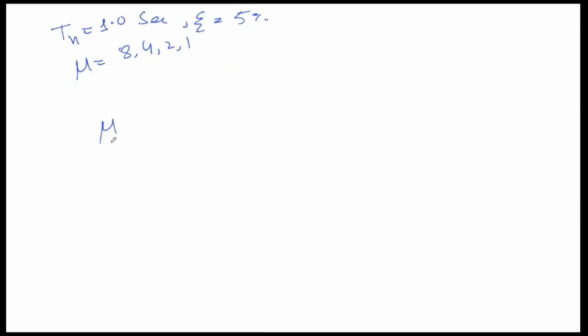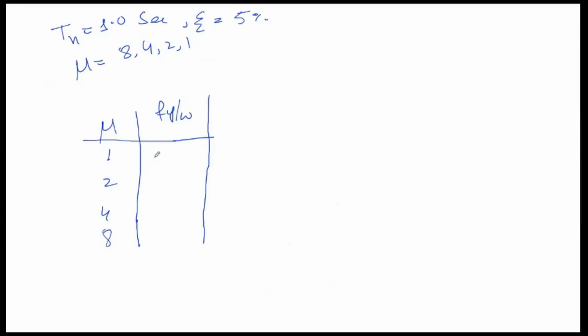So the data that was obtained, let me just show it here, for ductility 1, 2, 4, and 8. We can also show the yield strength of the system as a ratio of the weight of the system.